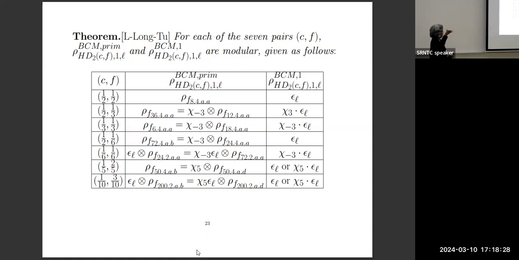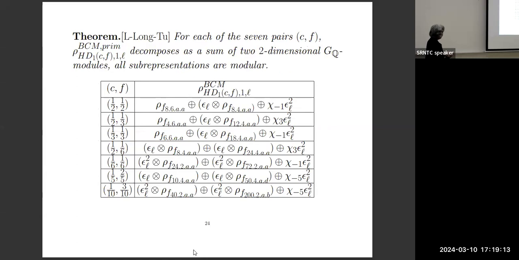We also notice that in the first case, the BCM representation is the same as the CATS representation. It's not by extension, but for the other cases, the original CATS representation was defined over some cyclotomic field, which is not Q. So we actually extended it to Q. We could have chosen a different extension, so we found pairs that differ, in this case, by a character.